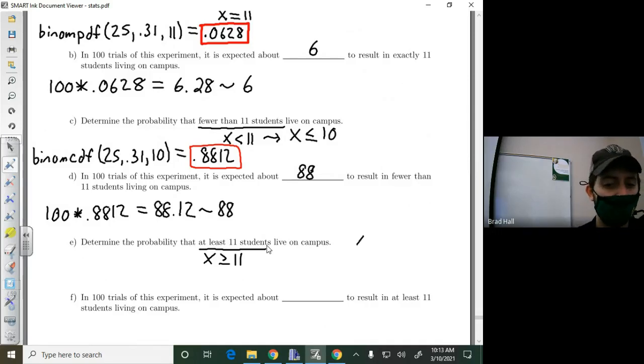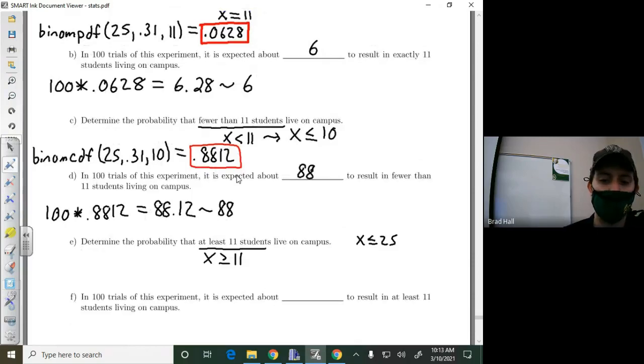Wouldn't that mean that just X is less than or equal to 25? Yes, it was 25. But it's also greater than or equal to 11. So these two mean the same exact thing. Just like in the previous problem, those 2 inequalities meant the same exact thing. So you basically just moved the problem elsewhere. But it's still a problem. It's still not a less than or equal to sign.